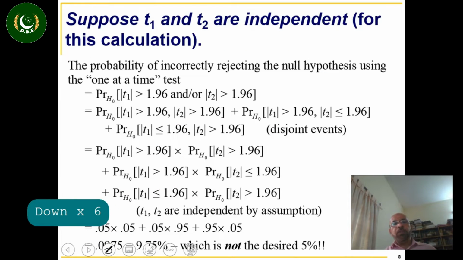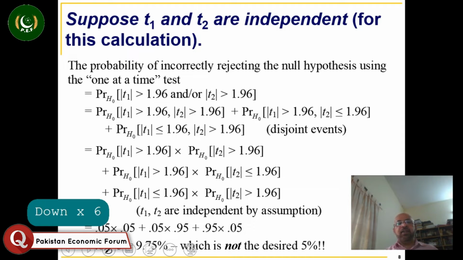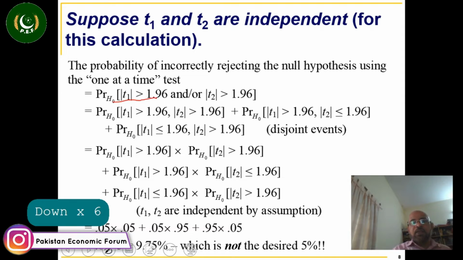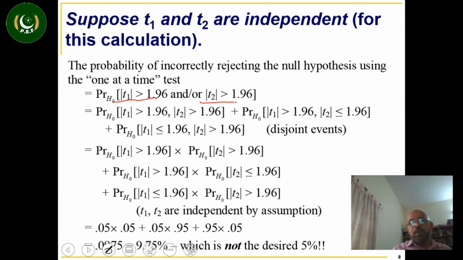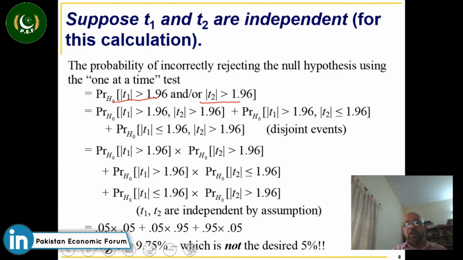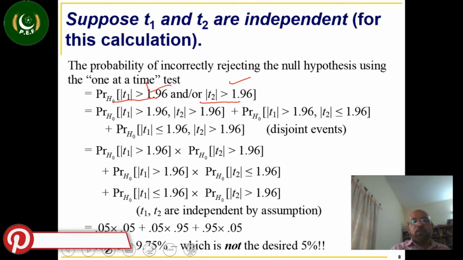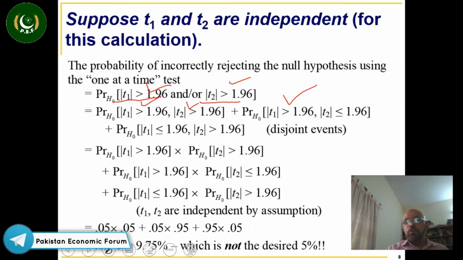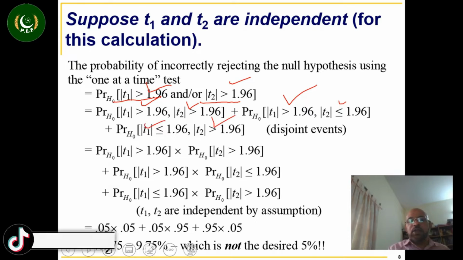So you see the probability of incorrectly rejecting the null hypothesis using the one-at-a-time approach. The probability that T1 is greater than 1.96, or the probability that T2 is greater than 1.96. If you expand, if both are greater than 1.96, the hypothesis is rejected. If T1 is greater and T2 is not, even then it is rejected. If T1 is less and T2 is greater, the null hypothesis is still rejected.